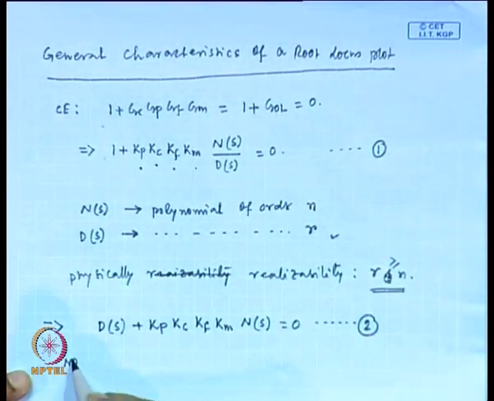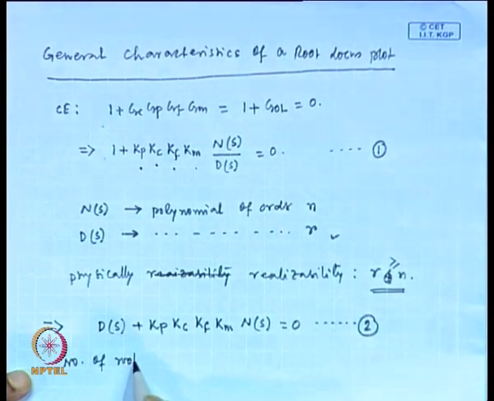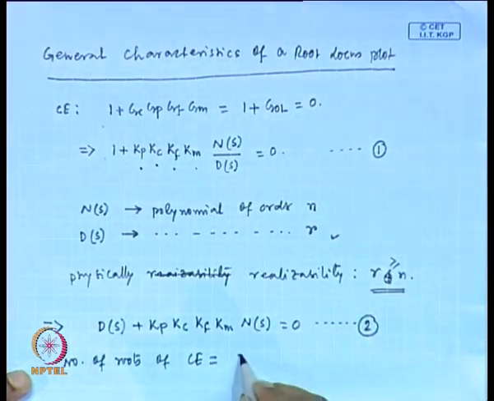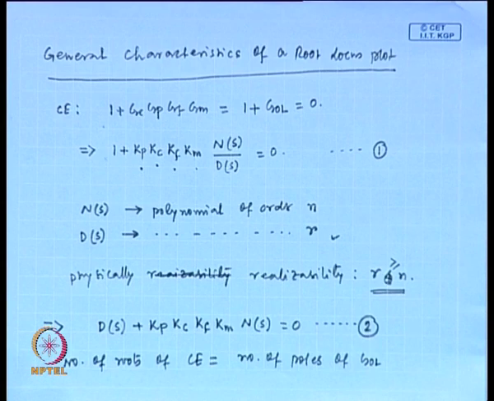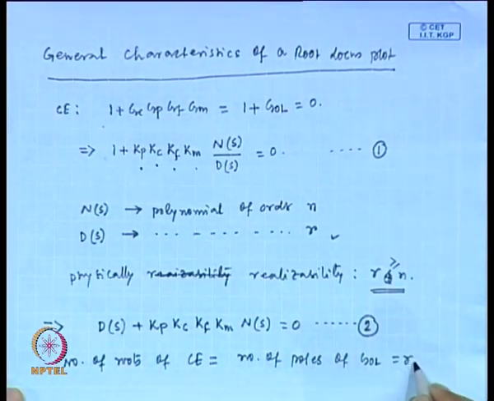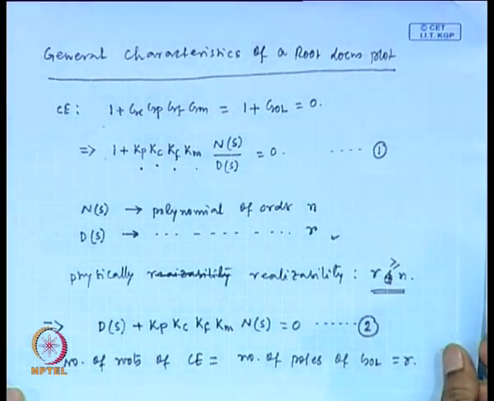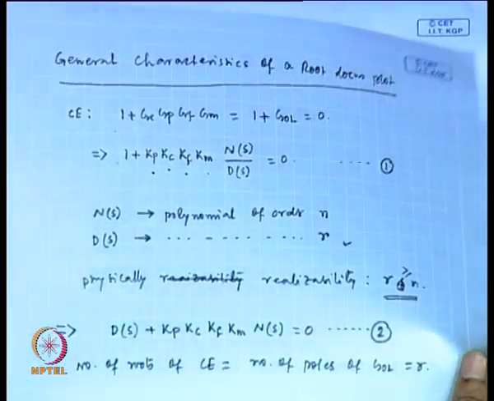We can write that the number of roots of this characteristics equation is equal to the number of poles of GOL, and that is equal to r. So, this is the first characteristic.